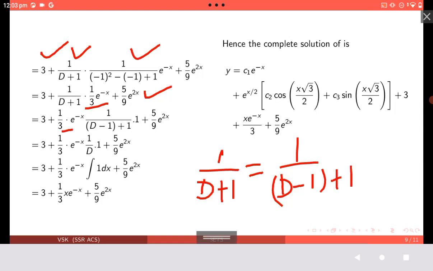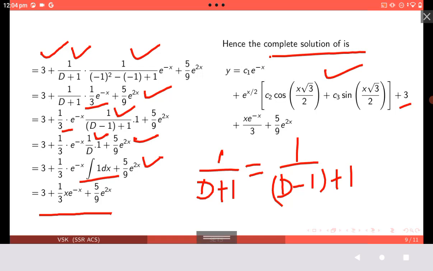So this expression is written over here. And this becomes 1 upon 3 e to the power minus x, this becomes 1 upon D into 1, 5 by 9 e to the power 2x, and 1 upon D is what? This is simply the integration. So this is the integration of 1 dx, 5 by 9 e to the power 2x. So this becomes 3 plus 1 upon 3 x e to the power minus x plus 5 by 9 e to the power 2x as the complete solution. This is the complementary function plus particular integral. So this is the complete solution in this case.